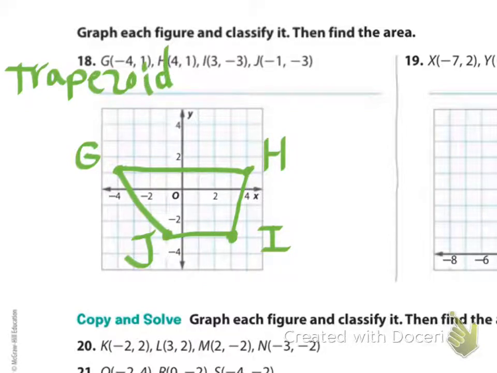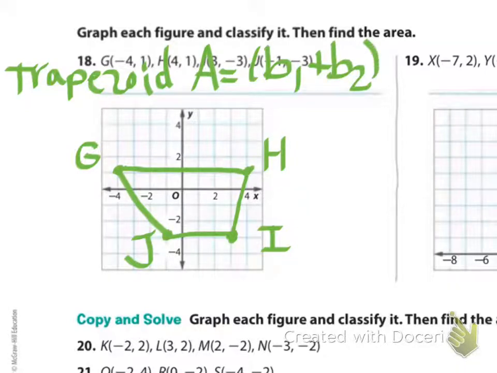I have a formula for the area of a trapezoid. That formula you can write several different ways. This is the one we've been using in class: B1 plus B2, meaning base 1 and base 2, times the height, and then all of that divided by 2.